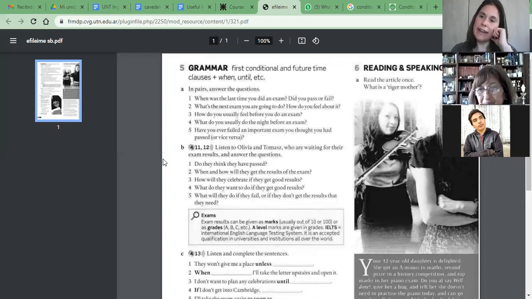And people, have you ever failed or passed an important exam that you thought you had passed or failed? Have you ever been surprised by an exam result, or never? When I was 15, I did the Lower Cambridge exam, and at that time I didn't know if I had passed or not.